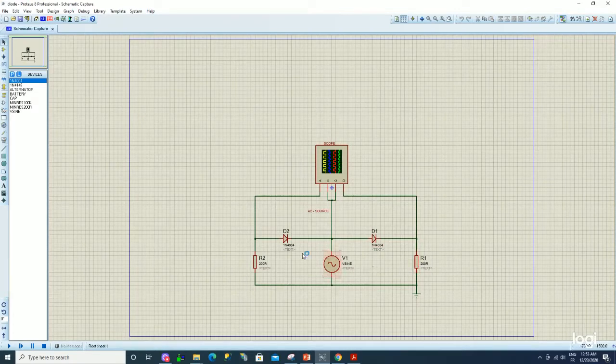On the other side, I have the diode connected in a reverse way, and then my resistance. I have here a scope with 4 channels in order to display the output of my AC source and the output of each diode. Let's see what happens now.